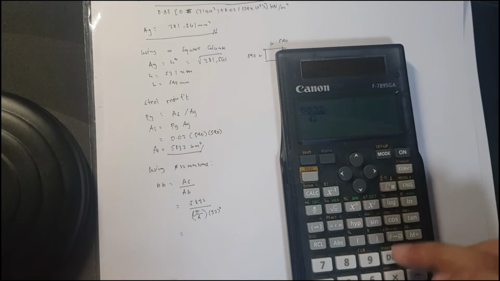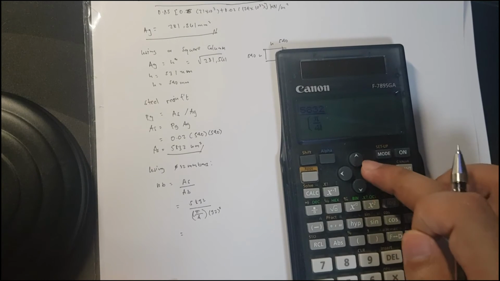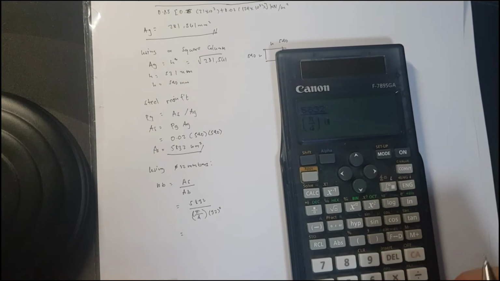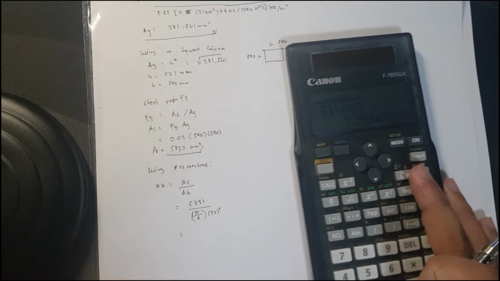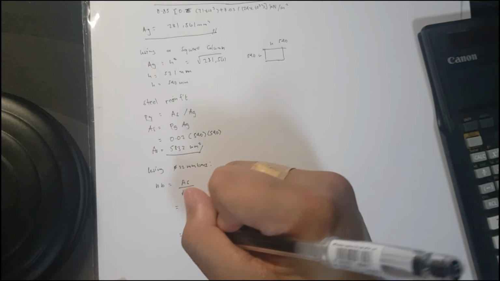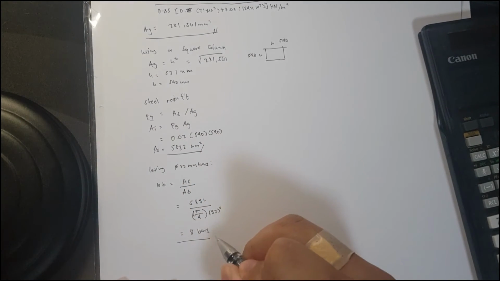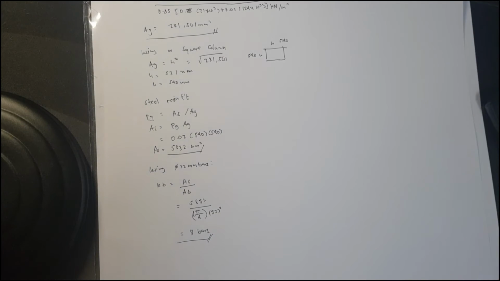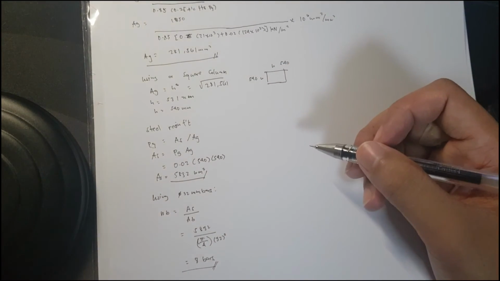Makuha natin is 7.25 or 8 bars. 8 bars na siya, kasi wala namang bars na 7 point something. So ito na yung exact na bars na gagamitin natin.